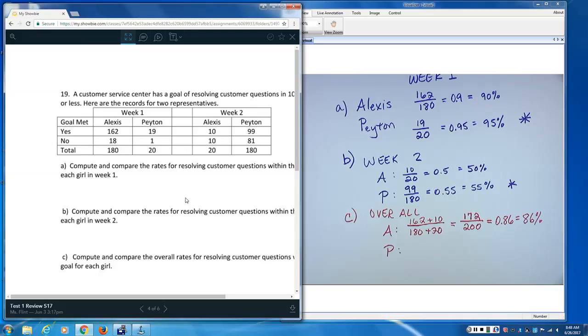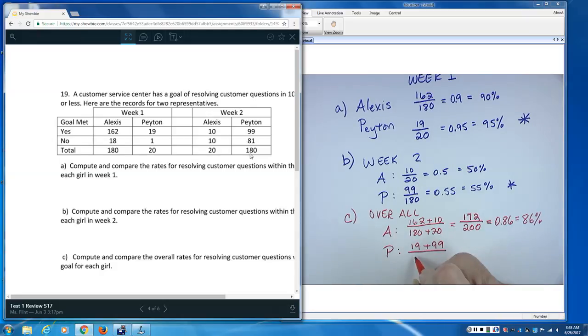Now looking at Peyton, Peyton had 19 yeses the first week and 99 yeses the second week. And she had 20 that she talked with on week 1 and 180 in week 2. So she also had 180 plus 20. It was just 20 came first.